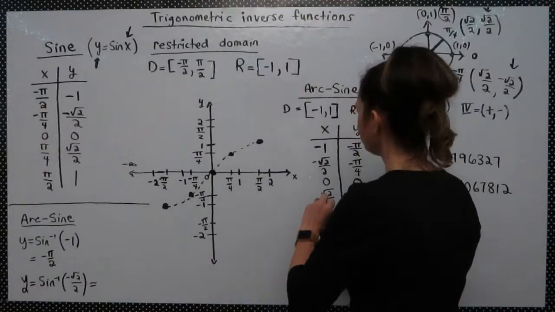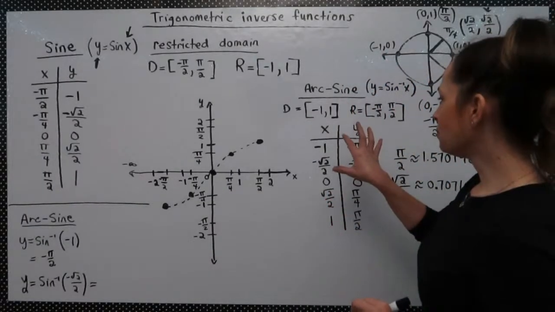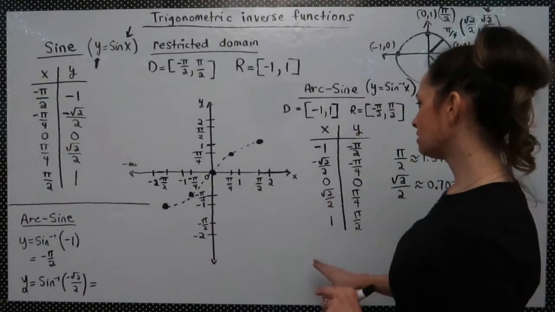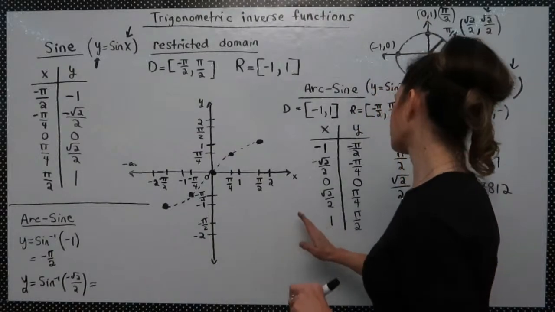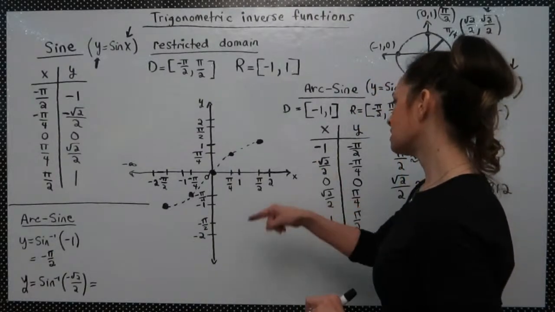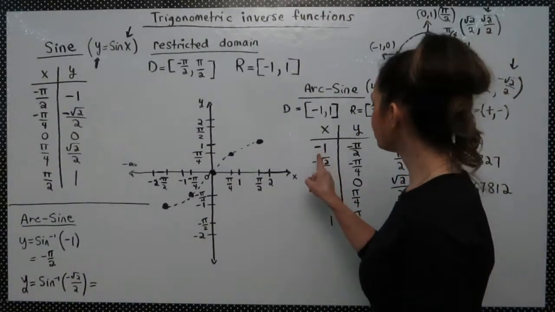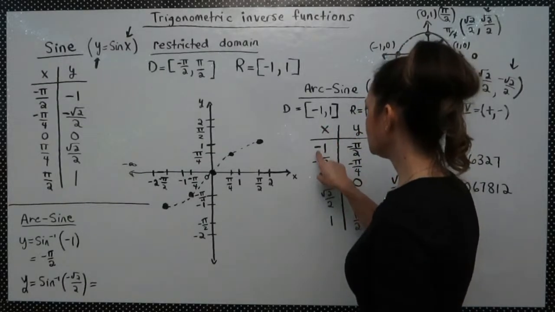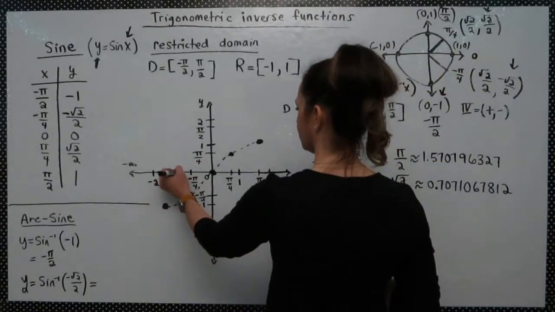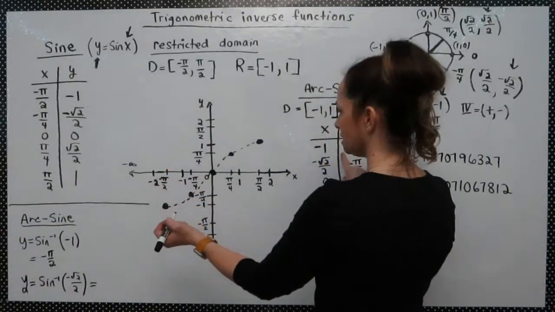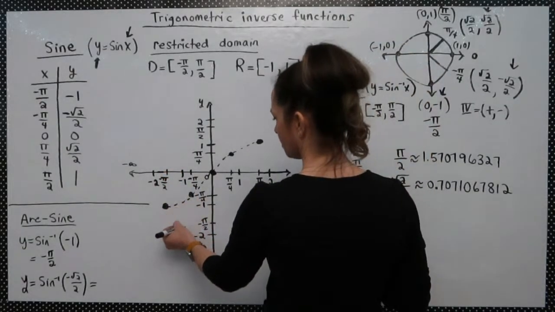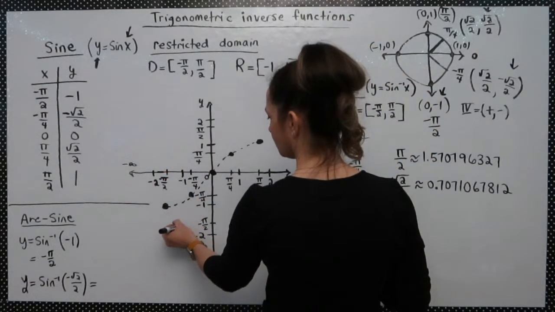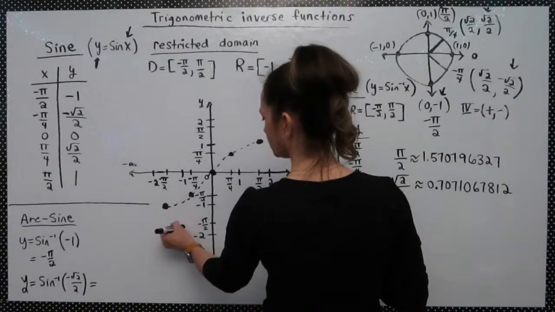All right, so now I want to go ahead and plot the points of my Arc-Sine on this same graph, and then we'll try to put that identity function in there and see if we've got some symmetry. So we've got -1 out here, -1, and negative radical 2. So I'm over here, -1, negative radical 2.